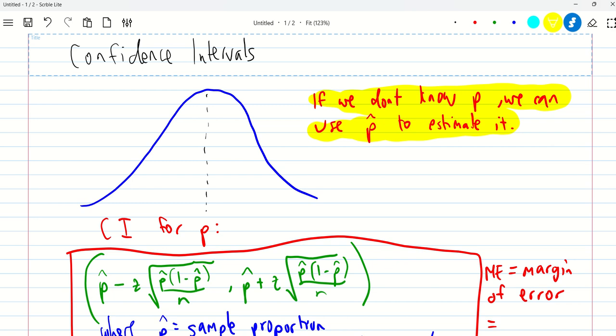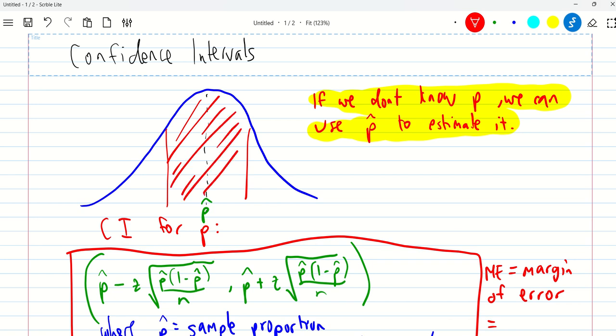We get our P hat, and there's an area to the left and to the right of P hat where we give a certain confidence that the actual P sits somewhere in that range.